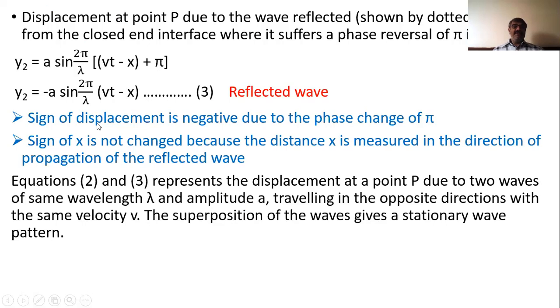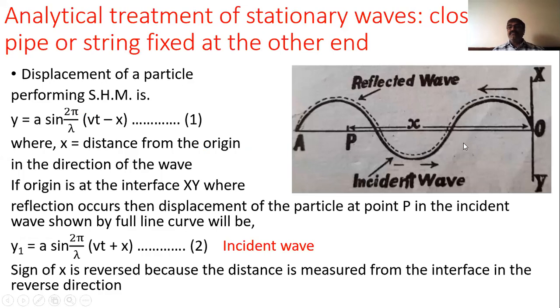Now, two things we have to remember. The first is the negative sign here, and the negative sign is because the phase change of pi radian or 180 degrees has occurred. And here the sign of x has not been changed, because we are measuring the distance x in the direction of progression of the reflected wave.